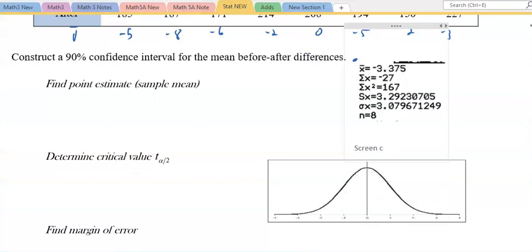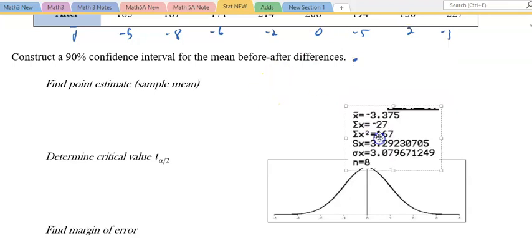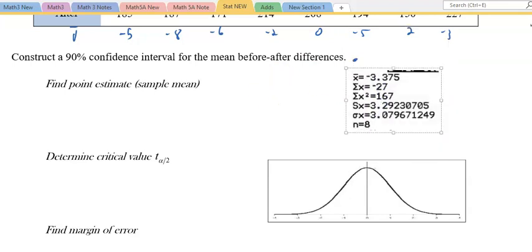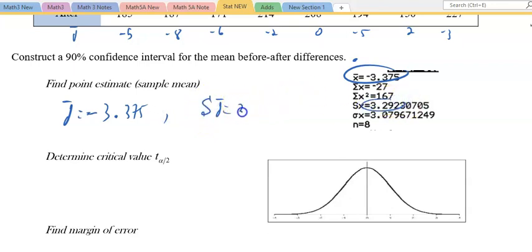Well, they tell me the average here is -3.375, and the standard deviation is 3.292. So how does that work?